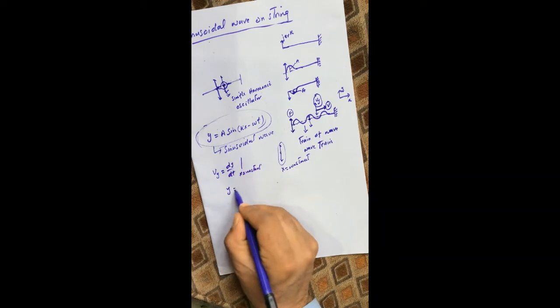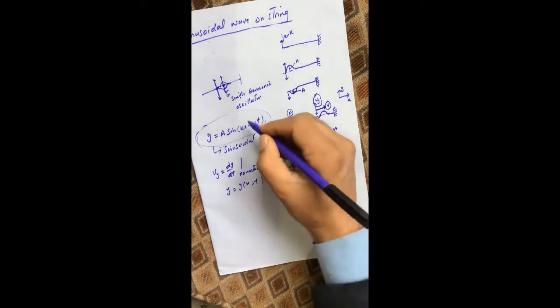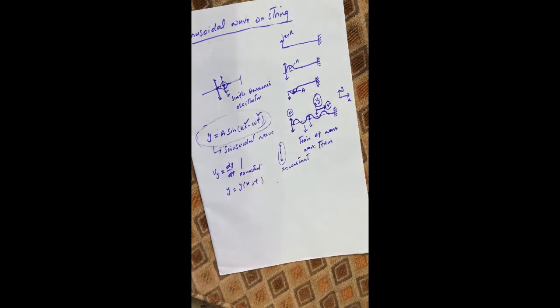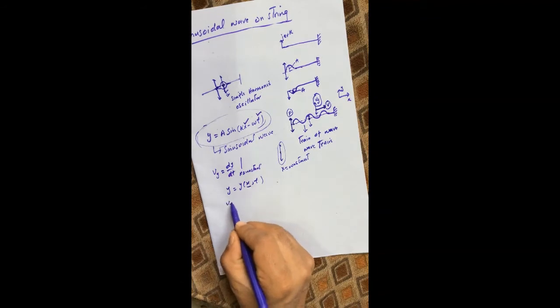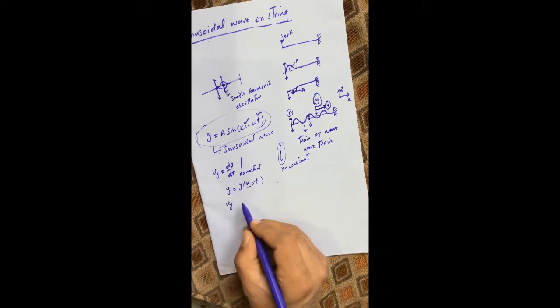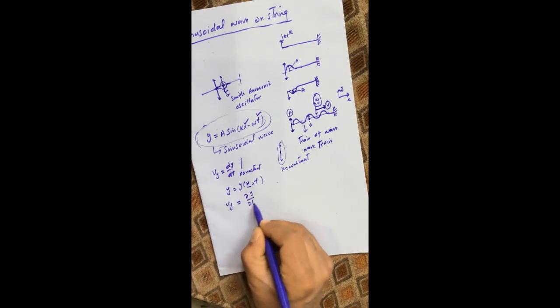Now y is a function of both position x and time, and x is constant, so we represent this vertical component of velocity, or the transverse velocity, or the velocity of the particle of the medium, by the partial derivative, partial y over partial t.